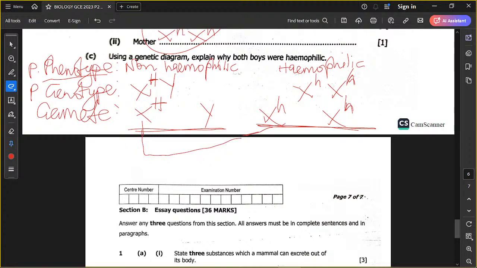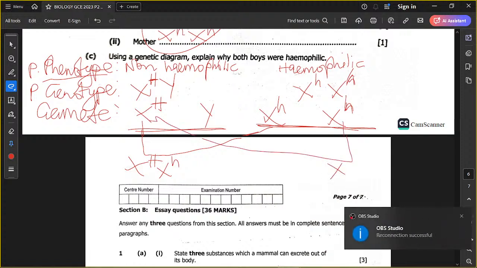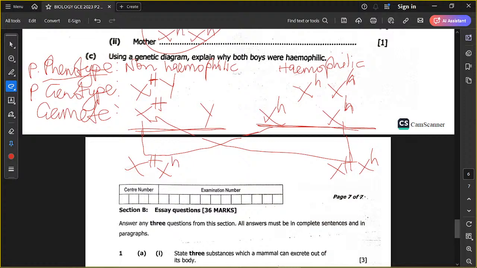This plus this will give us X, H and X, Y. Sorry, what am I saying? X, Y, X, H, X, H. So X, H capital letter and X, H small letter. Then again X, H capital letter and X, H small letter, like that.